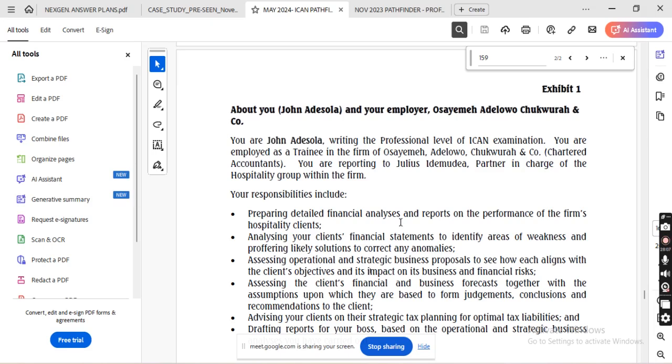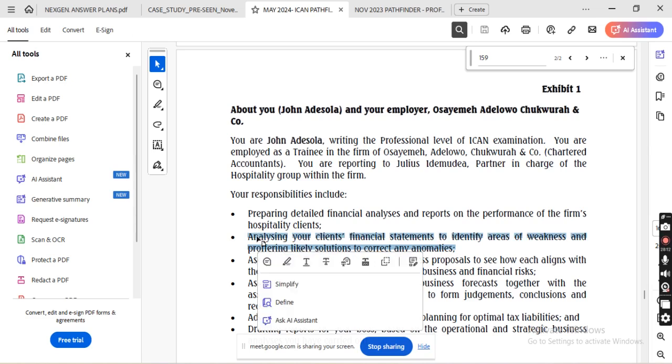You can see it says analyzing your clients' financial statements to identify areas of weakness and probable solutions to correct them. Most of these requirements are similar. When you do financial analysis, you analyze it, then you identify the weaknesses.